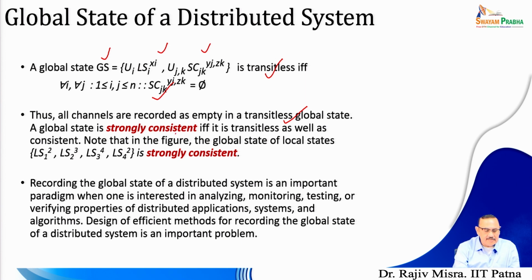So, a global state is strongly consistent if it is transitless as well as consistent, as we have seen with global state 3 in the previous figure. Recording the global state of a distributed system is an important paradigm when one is interested in analyzing, monitoring, testing or verifying the properties of a distributed system and its algorithms. So, the design of efficient methods for recording the global state of a distributed system is important.